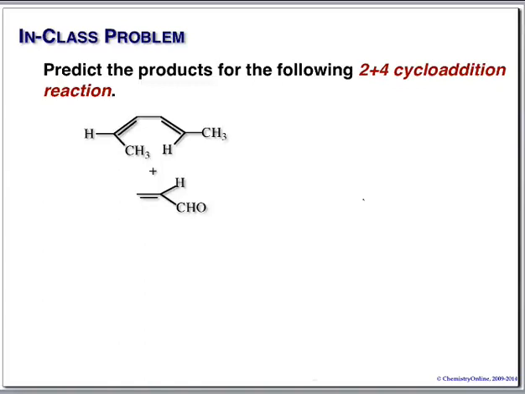If we trace the chain, we go this way, this way, this way. That's cis, isn't it? This other one, start here, go this, this, this. That's trans. So this is a cis-trans diene.